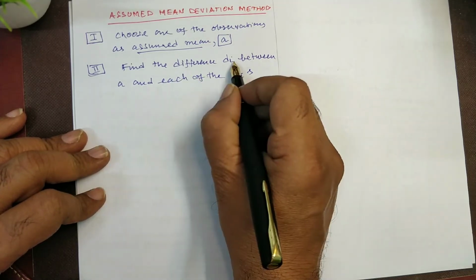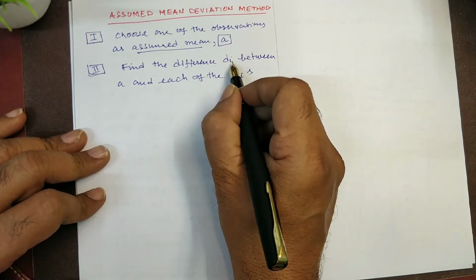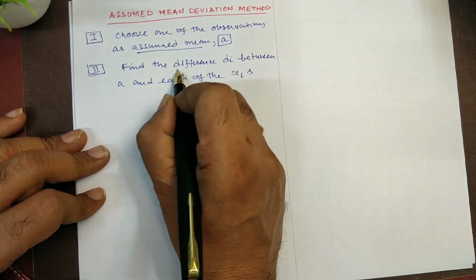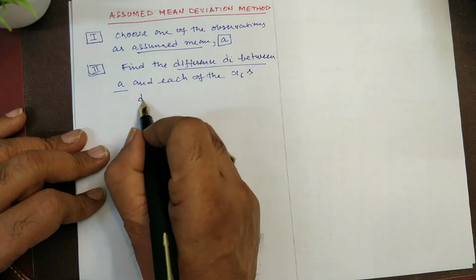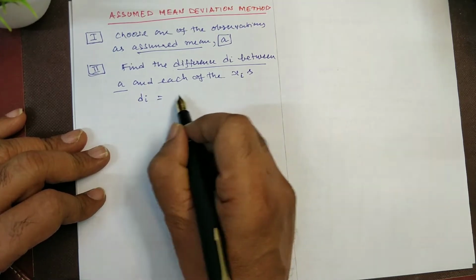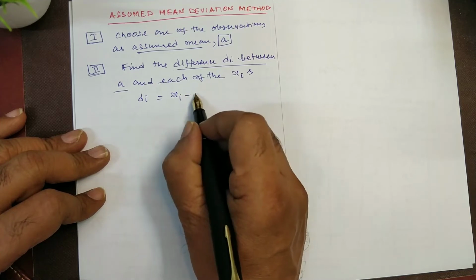The difference between the Xi and A, that is di is equal to Xi minus A.